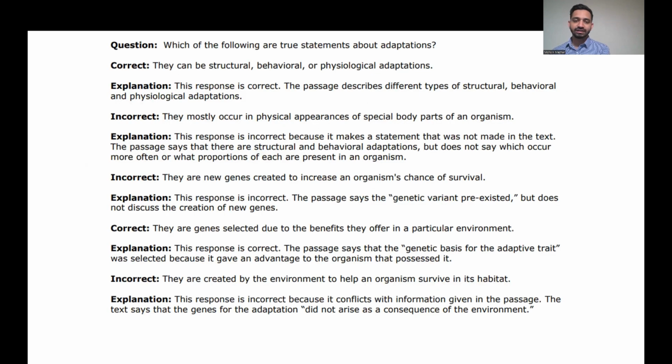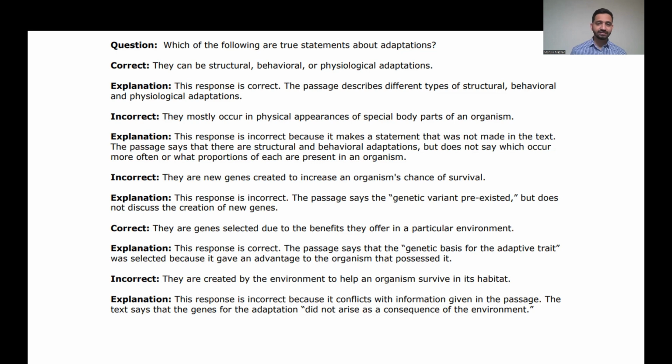All right, let's read the explanation here. The first one is correct because the passage describes the different types of adaptations: structural, behavioral, and physiological. So it's completely written in the paragraph, very straightforward. Number 2, they mostly occur in physical appearances of special body parts of an organism. This response is incorrect because it makes a statement that was not made in the text.